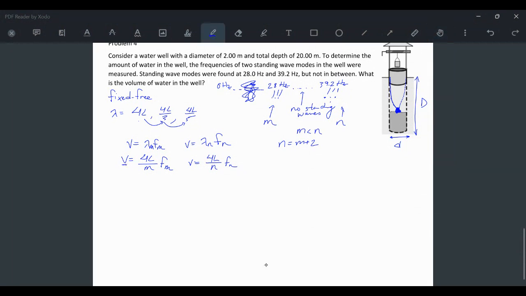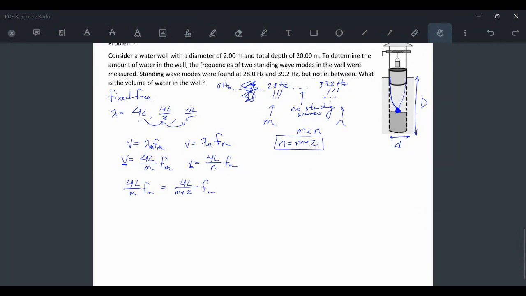And we can set these equal to each other, of course, because they're both equal to the same speed. So on the left side, we have 4L divided by m times Fm. That's equal to 4L, what we would normally write is divided by n, but we're going to make this substitution, divided by m plus 2, times Fn.